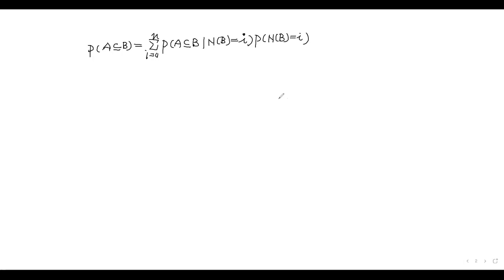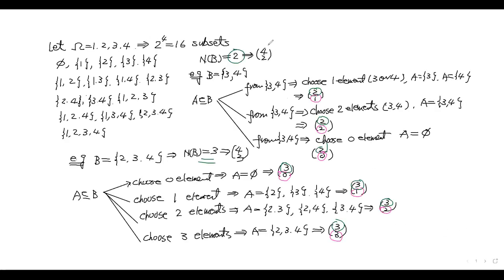Okay, so now let's take a look at this one here. The first one is the probability that NB is equal to I. What do we say here? That means in total you have n, and you take I. If you go back to here, that's what we put in here.